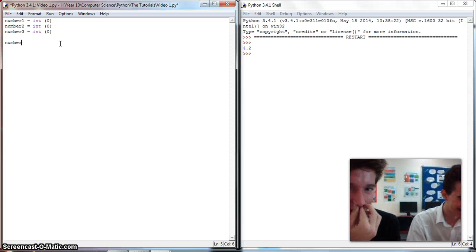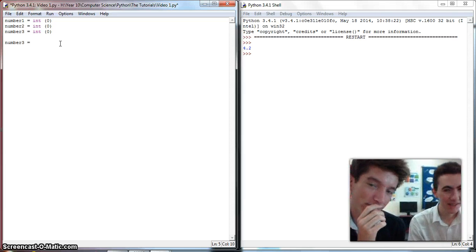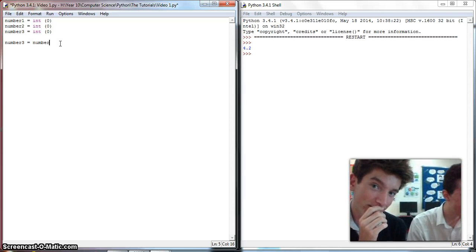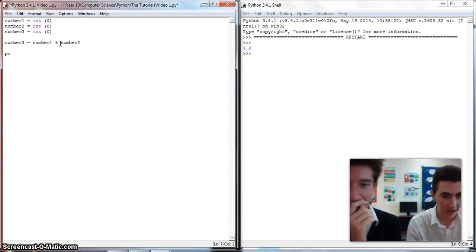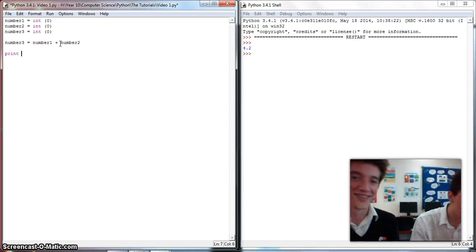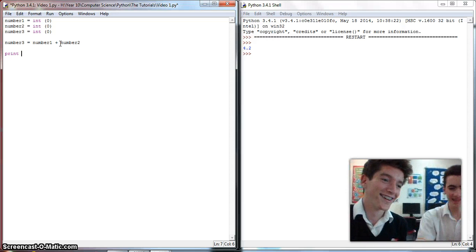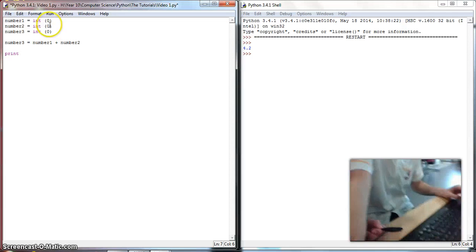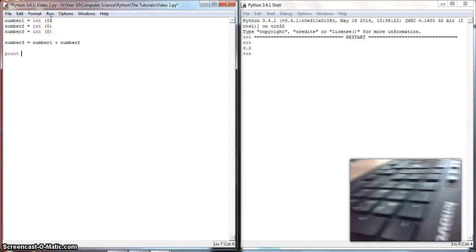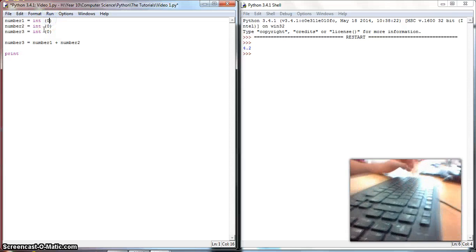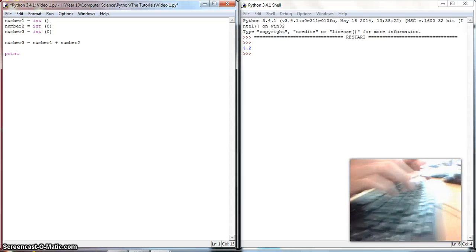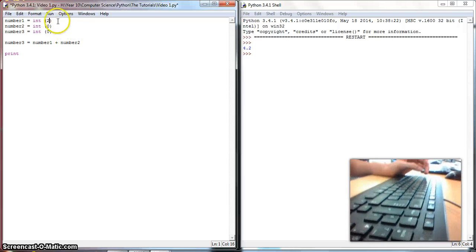So, number 3 equals the addition of number 1 and number 2. Now, we always want the computer to tell us what has happened. So, hang on a second. That's how you type, ladies and gentlemen, in case anyone was wondering.